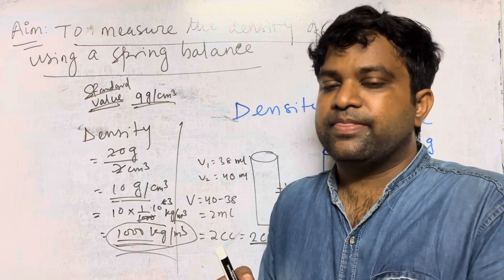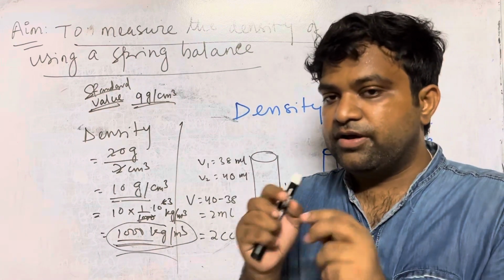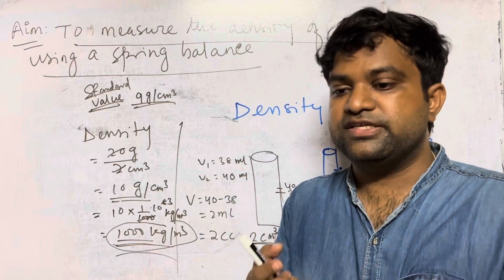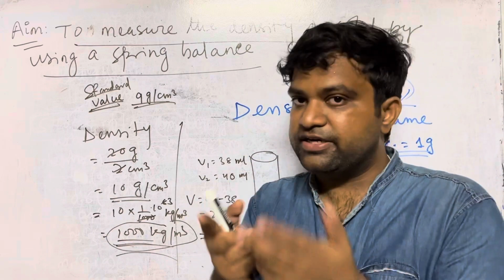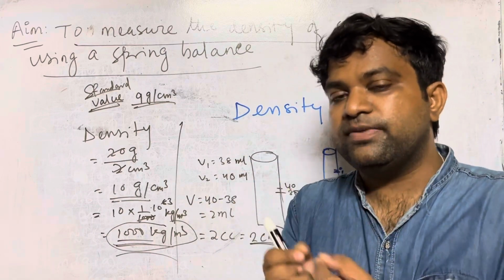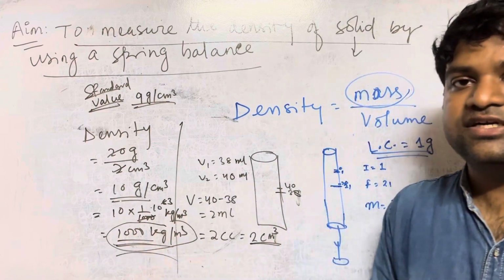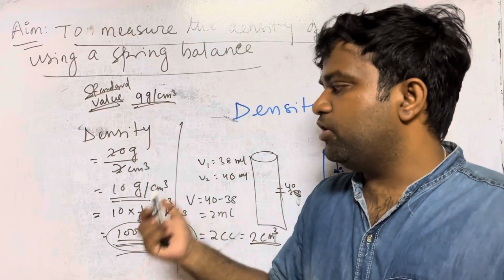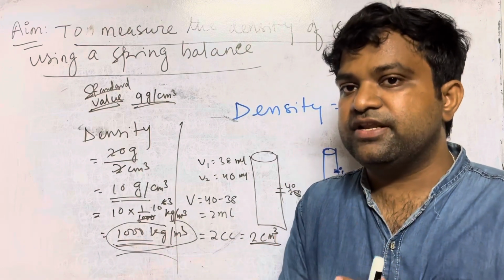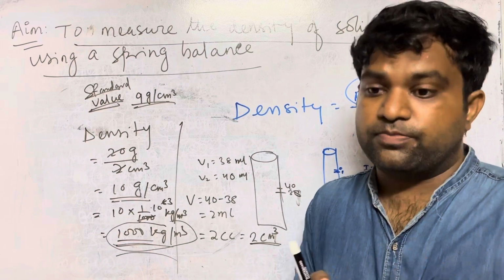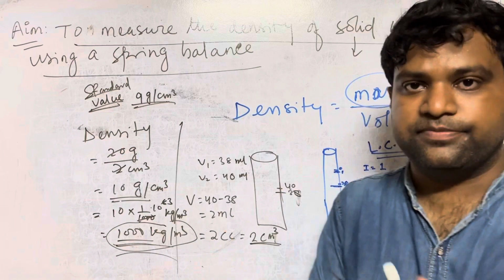If the least count is 0.2 ml or 0.1 ml, we can measure the density more precisely. Also, I am not sure about the material. I guess it is steel, but it may vary, not proper steel or something. That's why there is a little difference in density. This is the standard value we are getting from the internet.